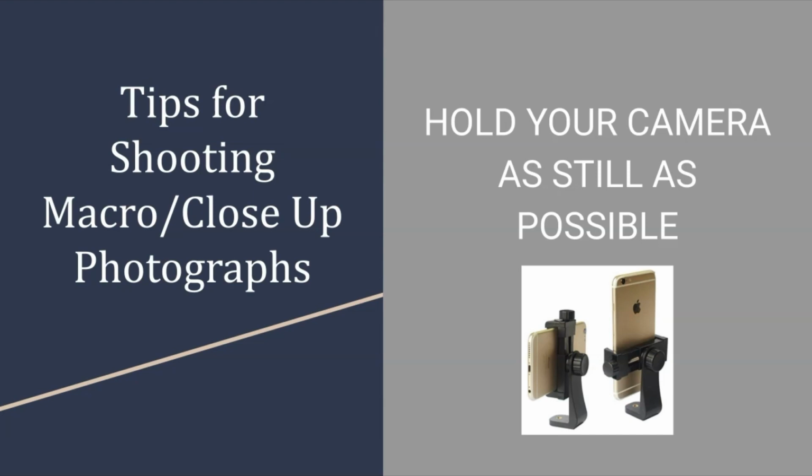So keeping your camera as motionless as possible is the absolute key to getting your best photographs. I like to rest my iPhone or my camera on something when I shoot. Remember that even when you touch your screen to shoot, your camera will move. So stabilize it as best you can to eliminate camera shake.